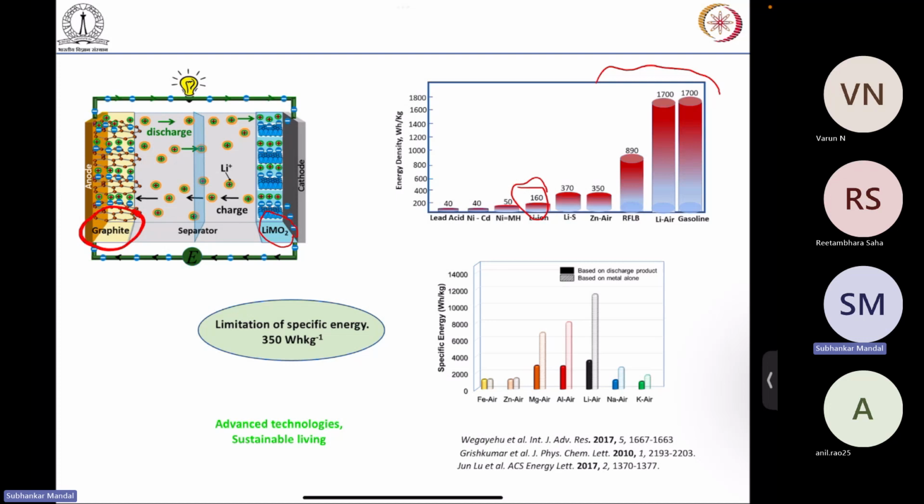Here in this graph we can see the lithium air battery, which has a 10 times higher energy density, and it can compete with gasoline. This diagram represents different metal air batteries, where you can see the lithium air battery has high energy density because lithium is a very light element. So for this it is high energy density.